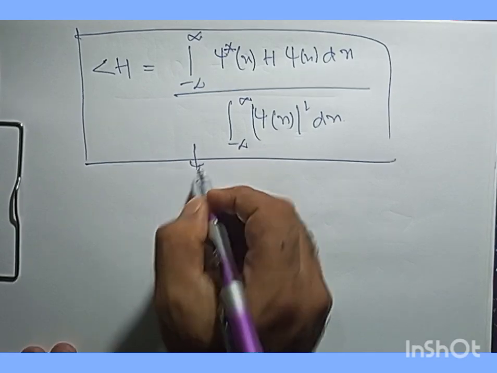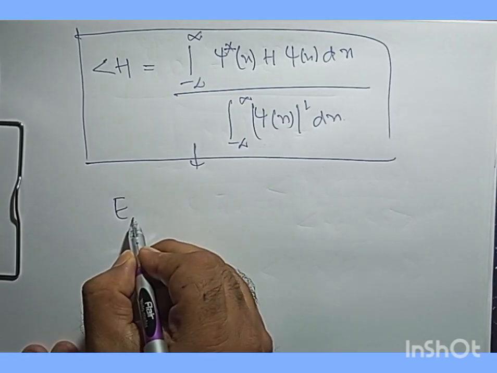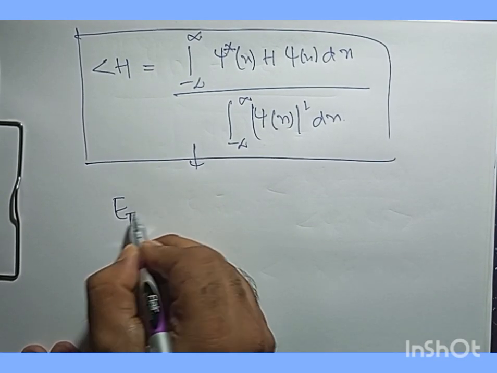It simplifies to E trial. Should I call it T? Okay, let me put a T here.